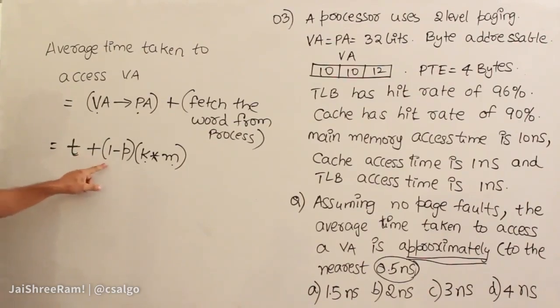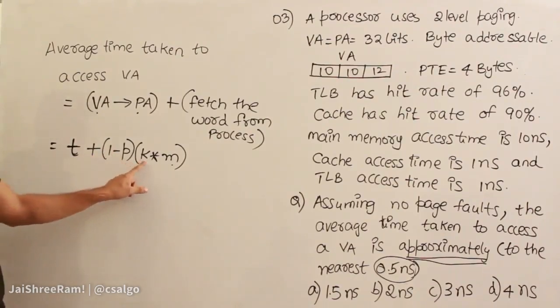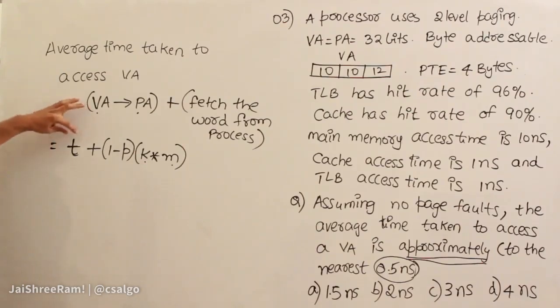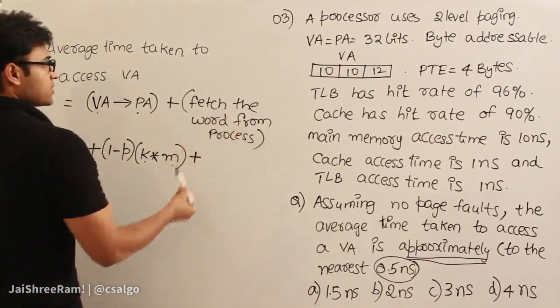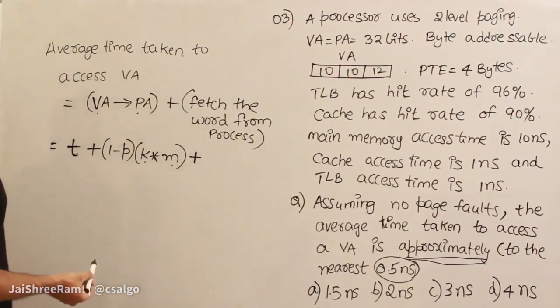If it is not present in the TLB, there is a probability with which it is not present. Then for that, I might have to do this extra work, K plus M. Anyway, T is always there; this extra work might be there sometimes. On average, we are going to get this time just to convert the virtual address to physical address. And now once we convert the virtual address to physical address, we have to fetch the word from the main memory, right? Now for this one, again the same thing we are going to do.